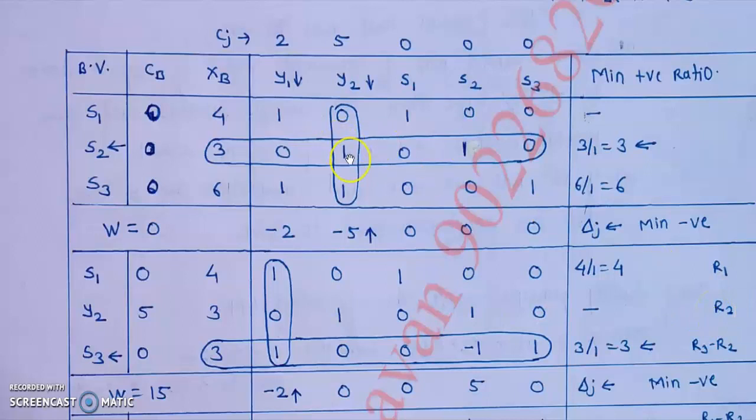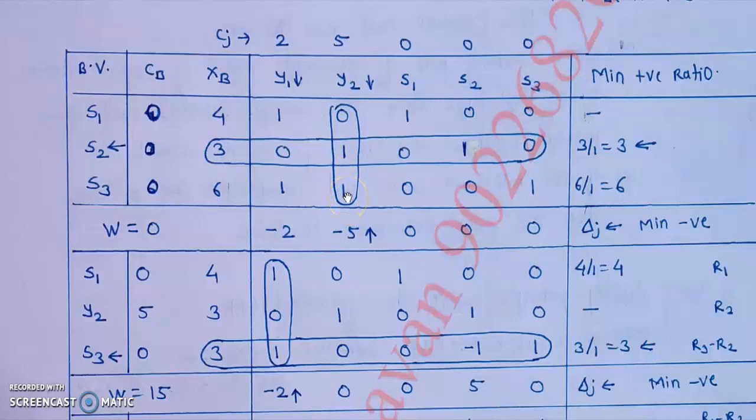Now once the key element is 1 and written in the next table, we have to do row transformations to make the other elements in that column 0. I repeat, using the key row element we have to make the other elements 0. Since the first row already contains 0, we write the first row as it is in the next table, that is 4, 1, 0, 1, 0, 0. Now it's time to make this one 0.